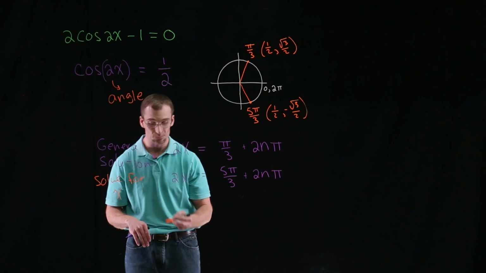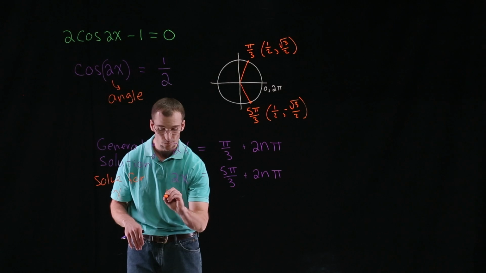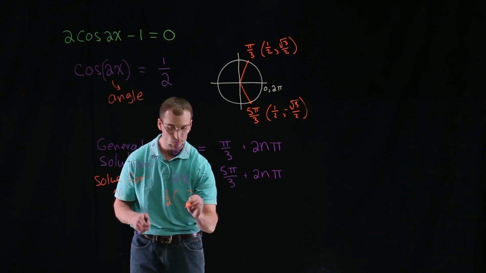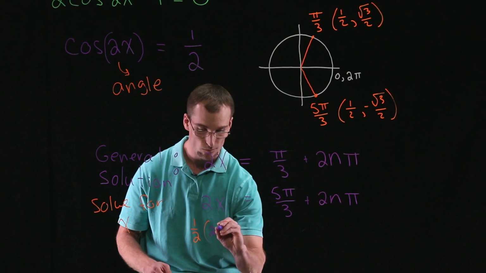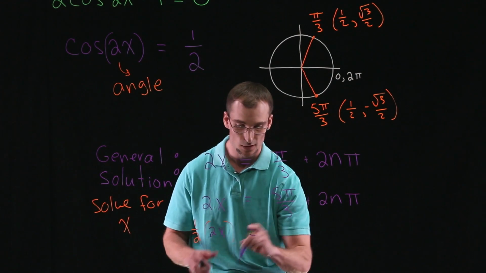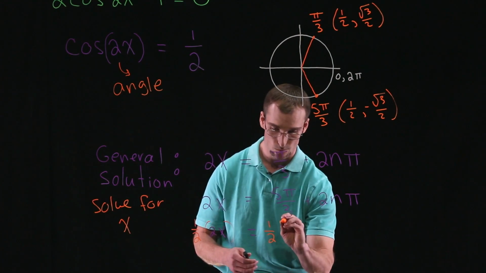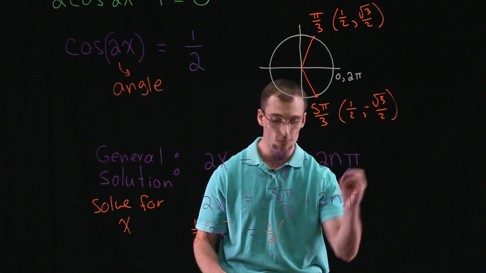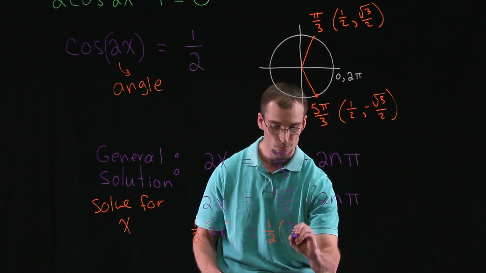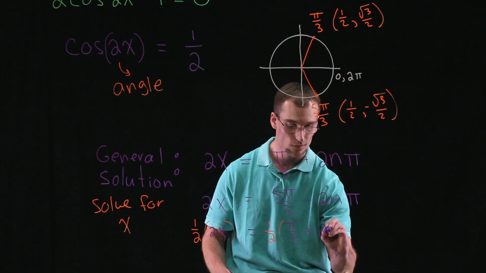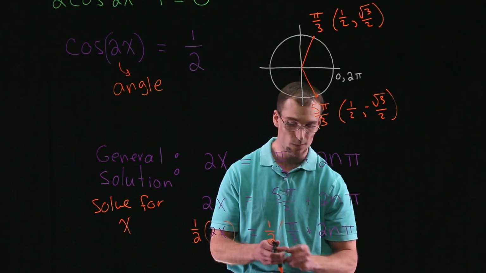So that's what we'll do. So if we take one half times 2x equals 1/2 our first solution, pi over 3 plus 2n pi.